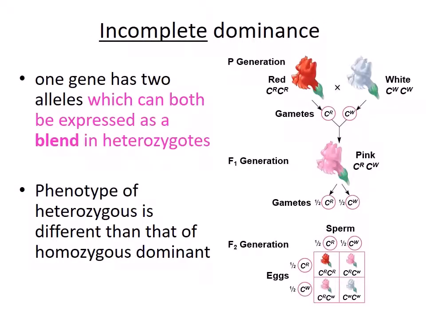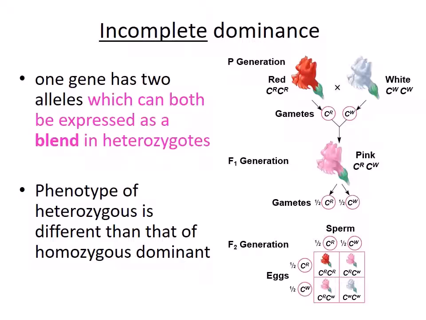Incomplete dominance, again, is when we have a blending effect. We have one gene that has two alleles, which can be expressed as a blend in a heterozygote. So if we have a red snapdragon and a white snapdragon, the red snapdragon is CR, so the R is standing for red, the C is standing for color. The white is CW, again, C for color, W for white. If we breed those together, the only possible outcome for offspring is CRCW, where red and white blend together and you get pink.